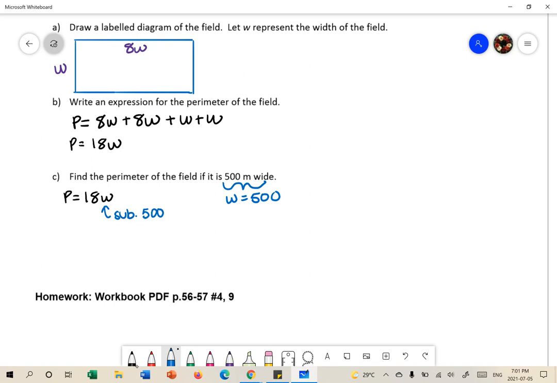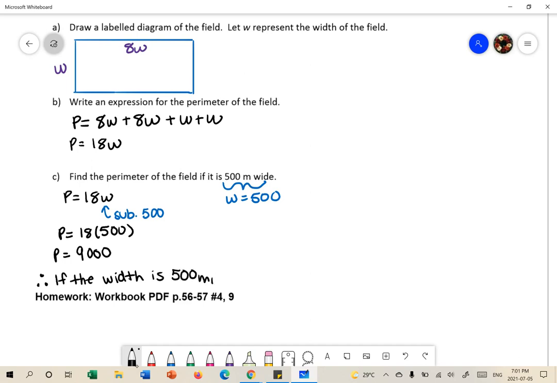So the perimeter is equal to 18 times 500. Perimeter is equal to 9,000. Therefore, if the width is 500 meters, the perimeter of the field is 9,000 meters.